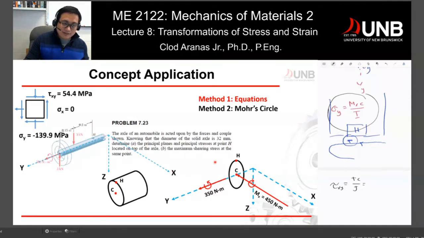For example, we are asked for principal stresses at point H located on the top of the axle. So we are looking from the top, and we assume the axes X and Y right here. Oh, okay, thank you. But if we are looking from the side, you would imagine that it should have a shear stress along Z. So it would depend on the direction that was asked. For your exam, I'll be clear with the direction and which plane you are going to analyze. But that's a good question. Yeah, thanks.